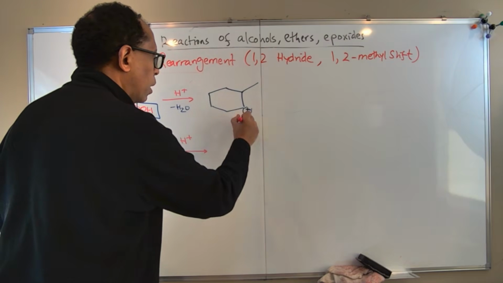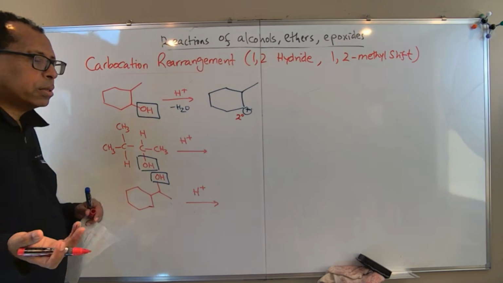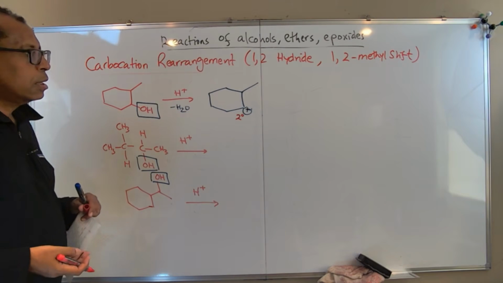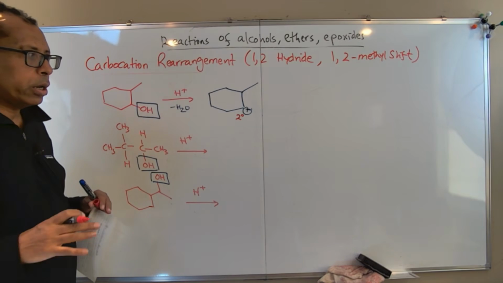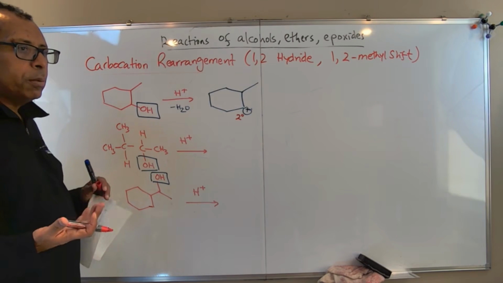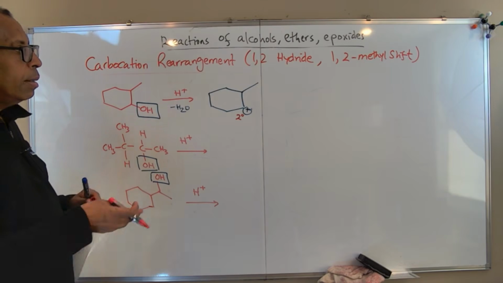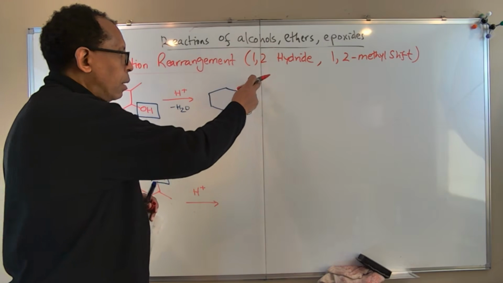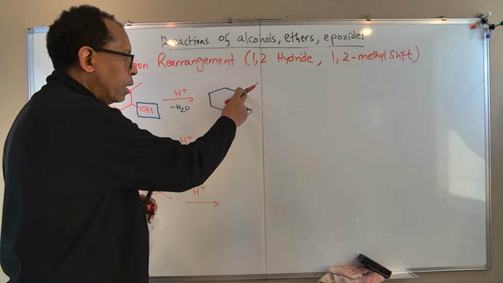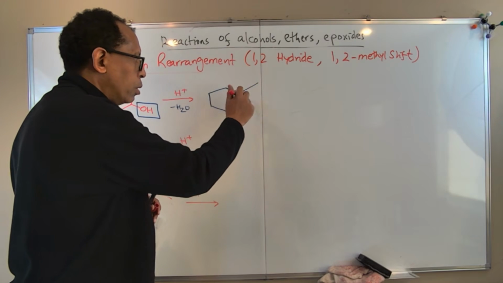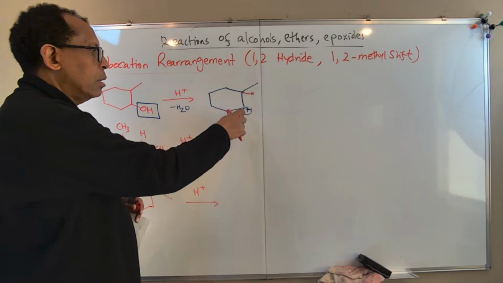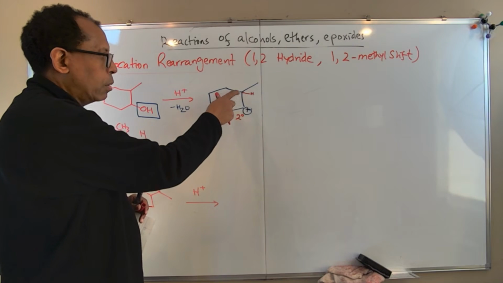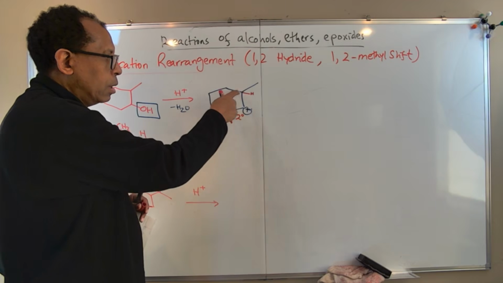So what you ask yourself is whether the secondary carbocation could rearrange by carbocation rearrangement to a more stable tertiary one. Yes. If I move either the methyl or the hydride, there is one hydrogen here, I can make this a tertiary because the plus comes here.